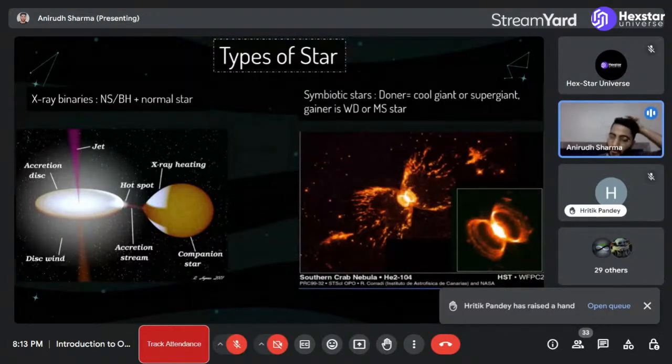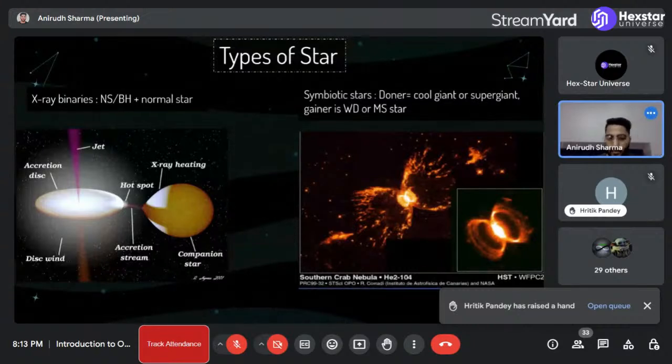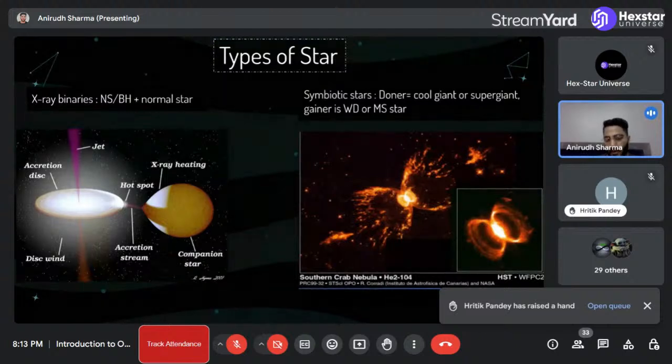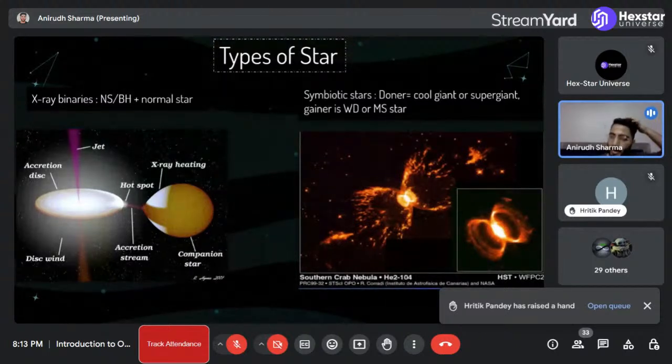And also, telling you what population 1 and population 2 all this means. Population 1 stars refer to the stars that are very rich in metals. Whenever there is a cloud to form a star, right? So if the molecular cloud has a good amount of metals in it.